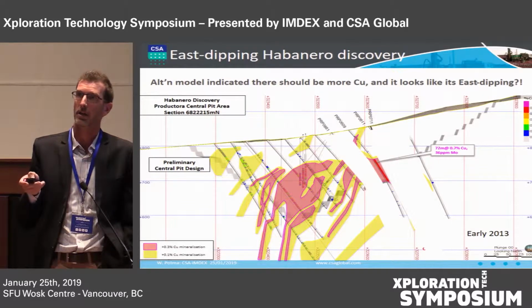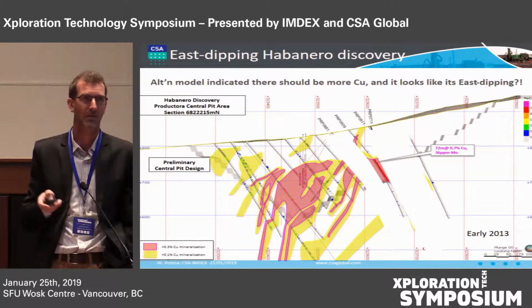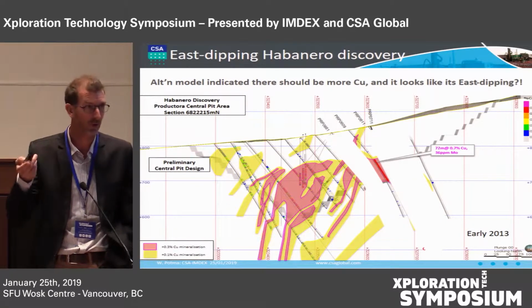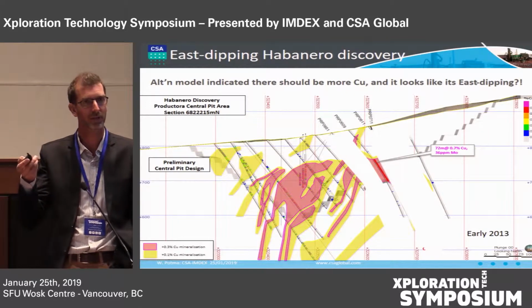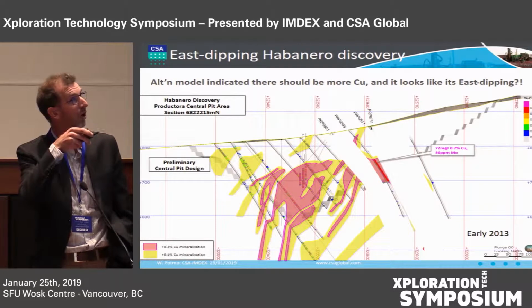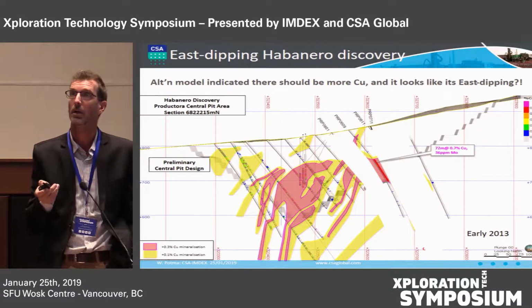Except down here we had no feeders and we had one unexplained high-grade interval up in here. When we looked at the 3D model of the alteration from the calculated mineralogy and the mineralisation and so forth, what we saw up here was that this just was completely unexplained and there's something else going on.